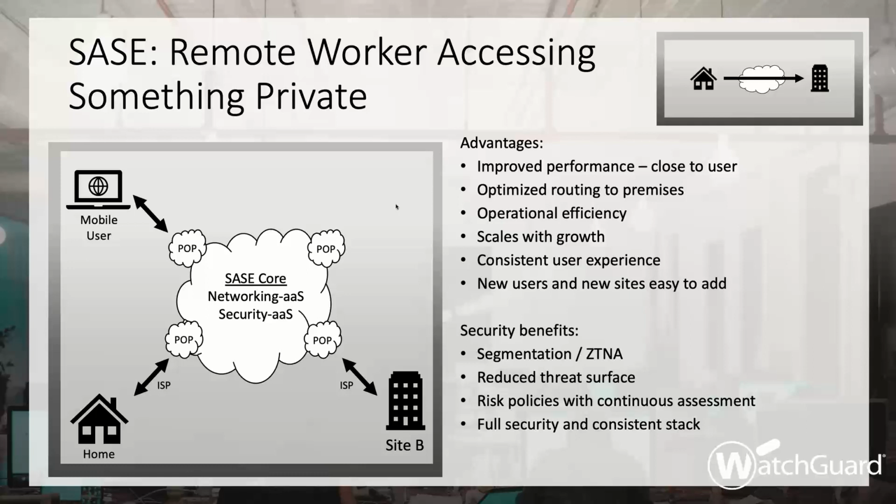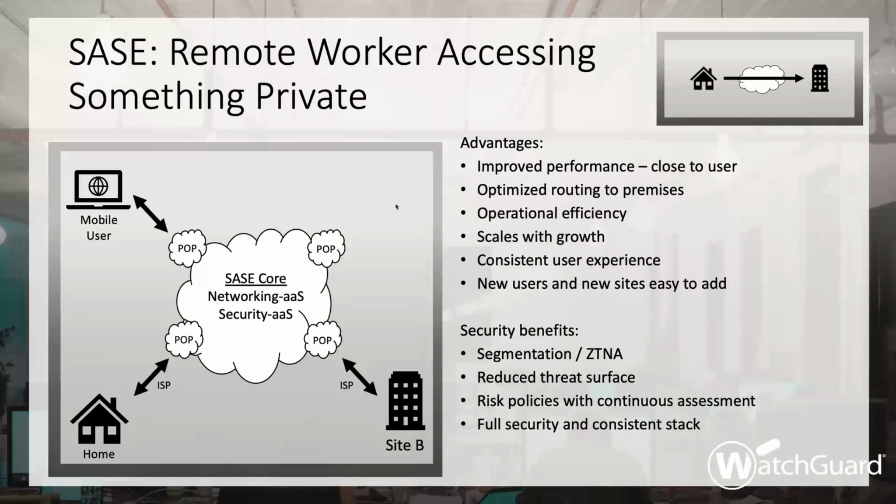And again, now with ZTNA, I can use risk policies, and so as the risk of the user changes, right? Maybe their software gets out of date, or they move to a new location, or I see location hopping, things like that. I can continuously assess that and change the access policy based off of it, leveraging these ZTNA concepts.